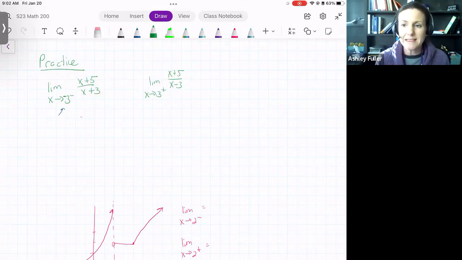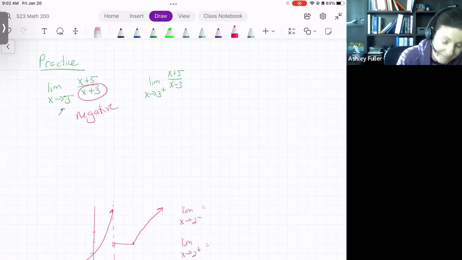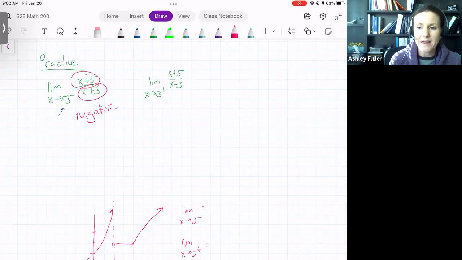When we're approaching -3 from the left, notice that no matter what I plug in here, if it's approaching -3, this is always going to be negative, but very, very small. And when I divide a number here by something that is very, very small, the top is always going to be positive as we get closer to -3. So this is going to approach negative infinity.